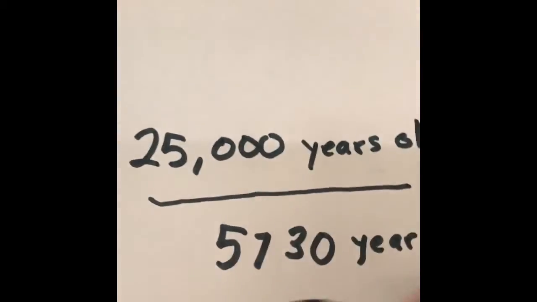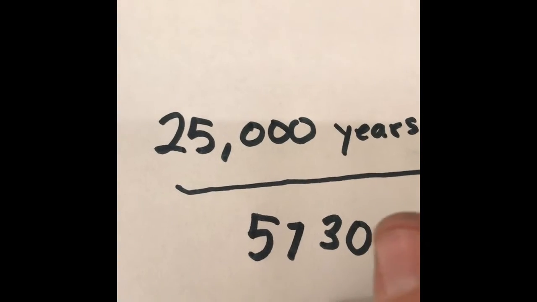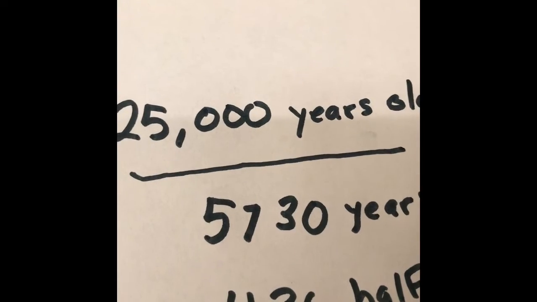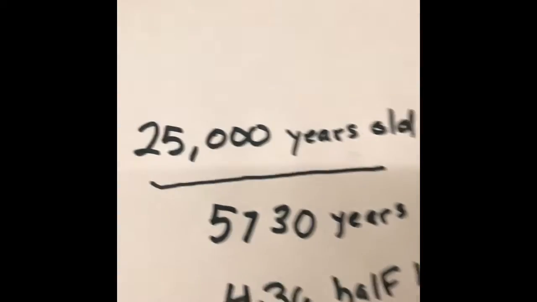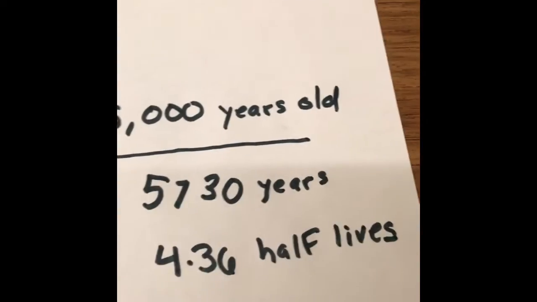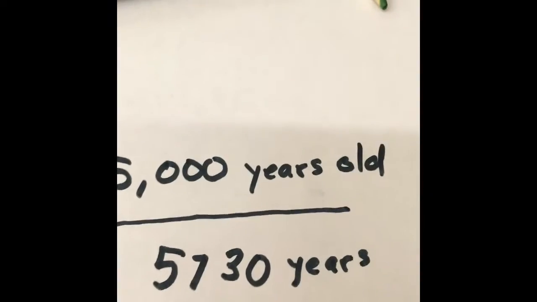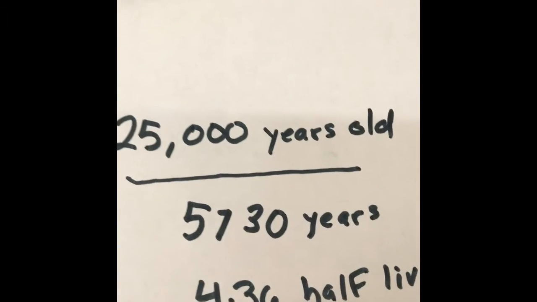So that's the first part of our question. 4.36 half-lives have occurred. All right, so we've solved for the first part of our problem. We figured out the number of half-lives.